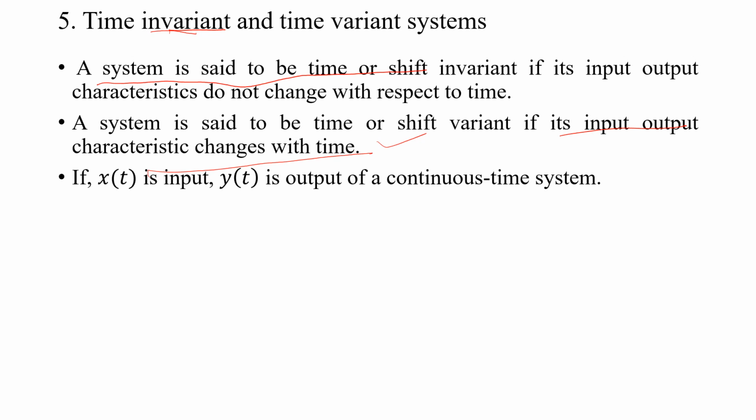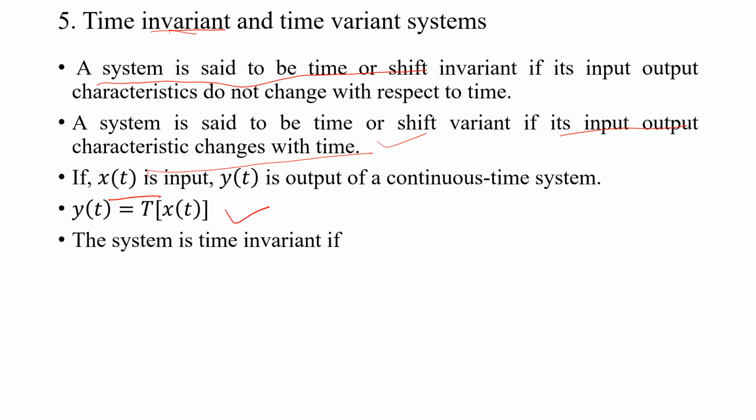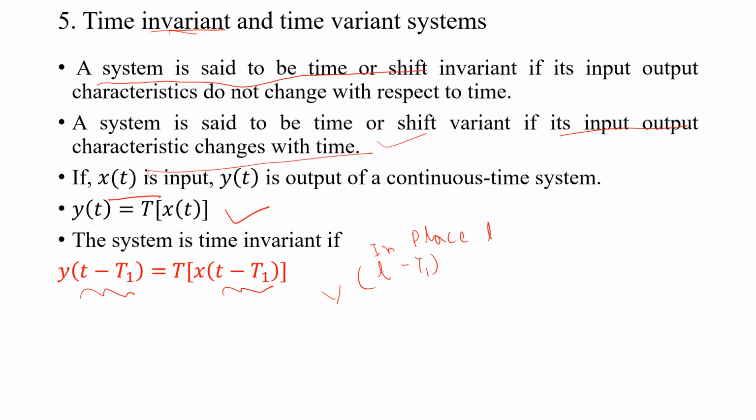Let x of t be the input and y of t be the output for a continuous time system. So we know that y of t is equal to T of x of t. The system is time invariant if y of t minus t1 is equal to T of x of t minus t1. What does it mean? In y of t minus t1, in place of t in that equation you put t minus t1.